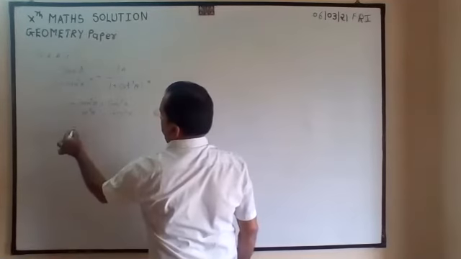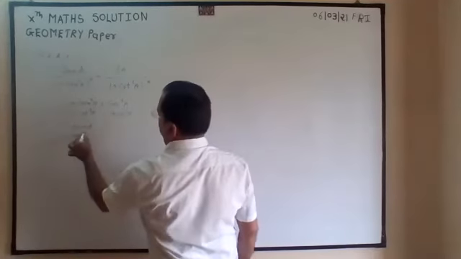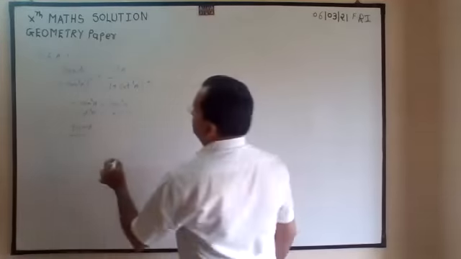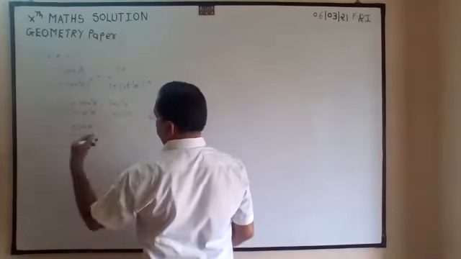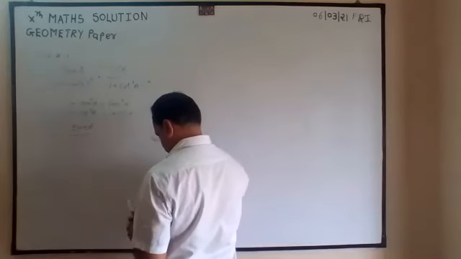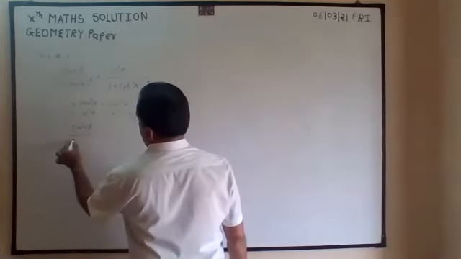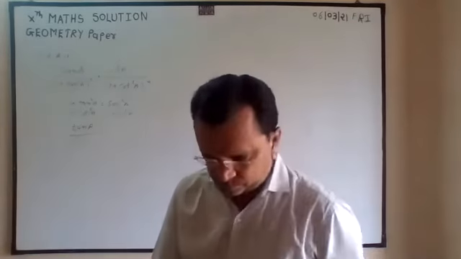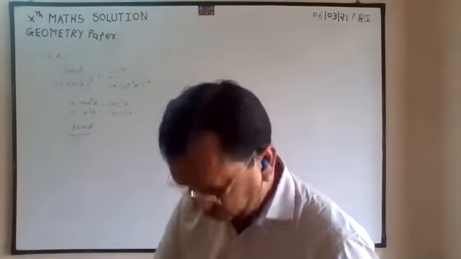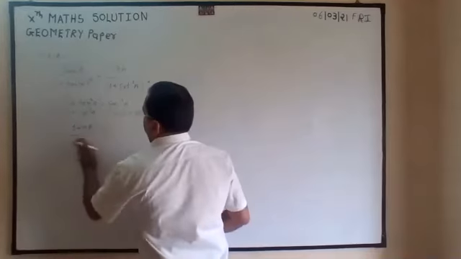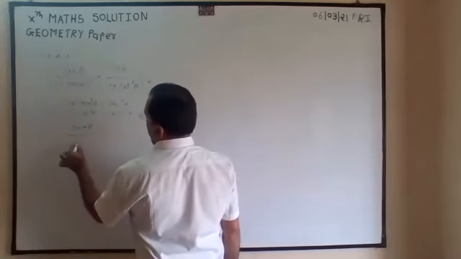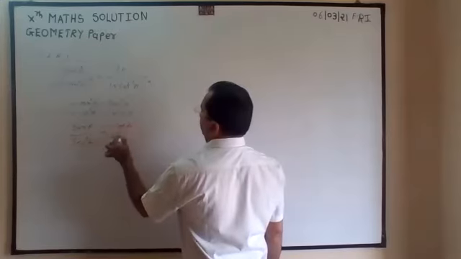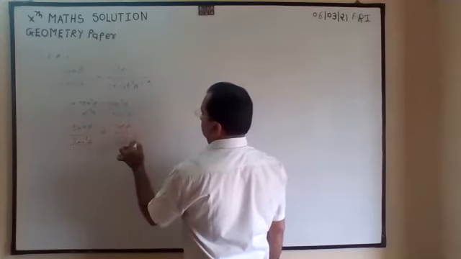So substitute: tan a divided by sec square a plus cot a divided by cosec square a.